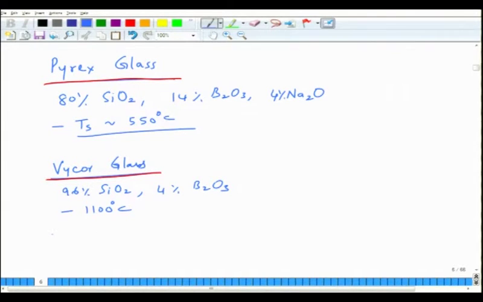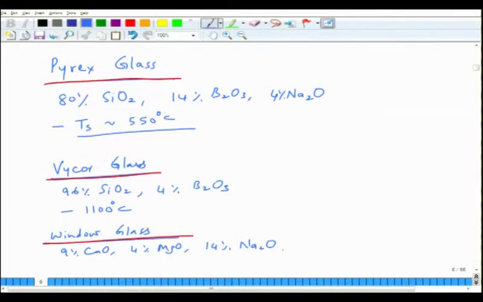And then the typical window glass that we have is basically 9% calcia, 4% magnesia, and 14% Na2O, 1% alumina, and the remaining silicon oxide.